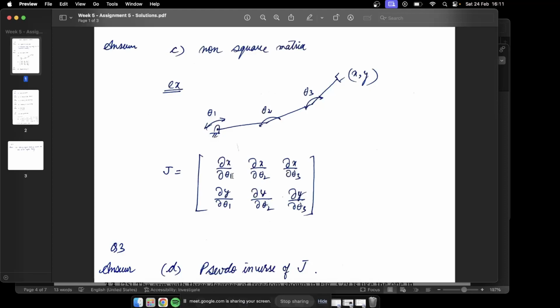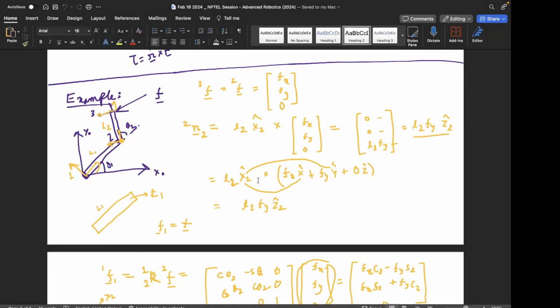If you would do the regular way of finding out Jacobian, that you would differentiate the x coordinate of the end effector with respect to all the joint variables, that is theta 1, theta 2, theta 3, and then the y coordinate with theta 1, theta 2, theta 3, the matrix that you get is a 2 cross 3 matrix, which is a non-square matrix. So as soon as you see a non-square Jacobian matrix, it should be clear to you that that manipulator is a redundant manipulator.